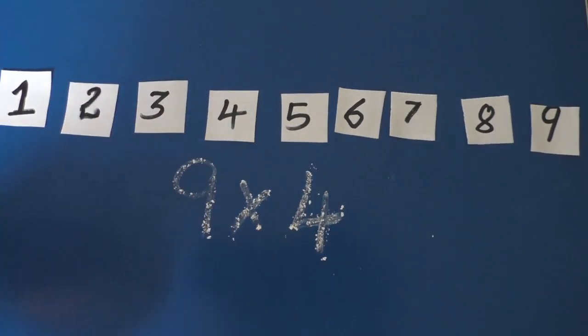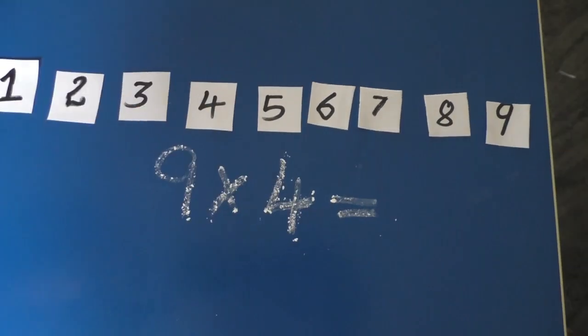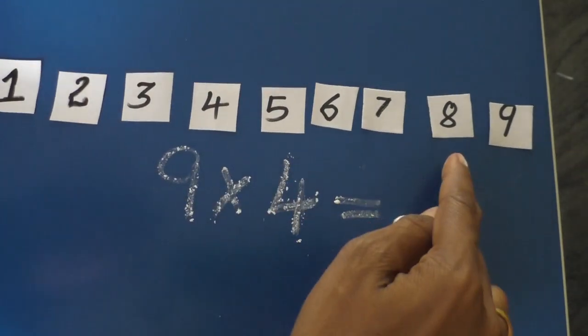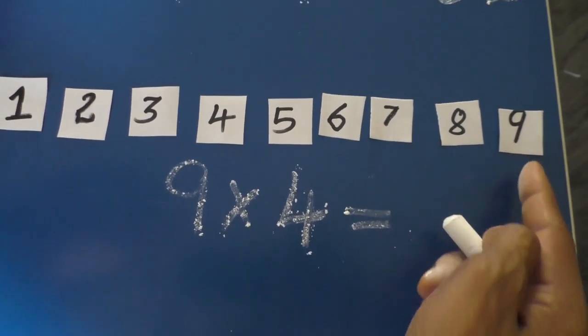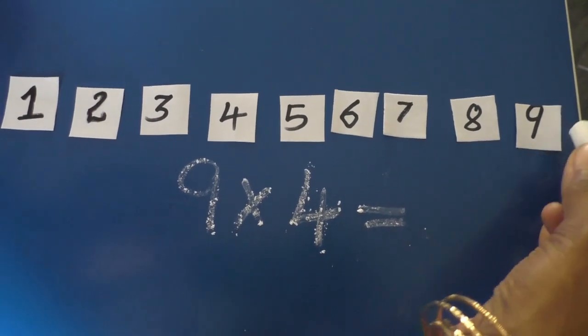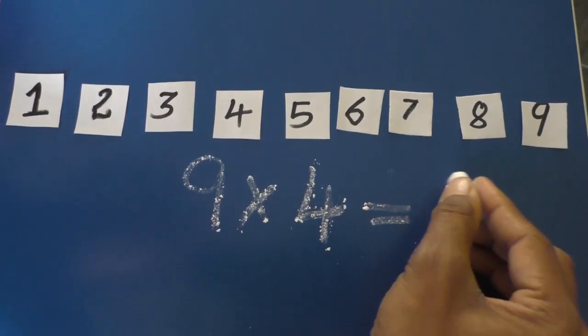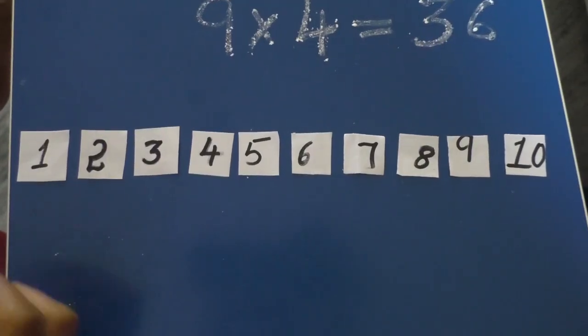So 9 into 4, how much would it be? Till 8 it is 32. So add 4 more. So after 32, 33, 34, 35 and 36.